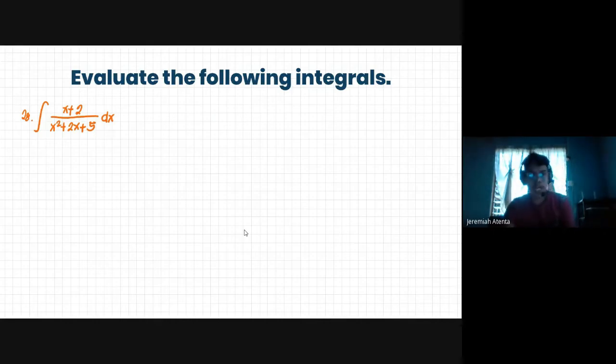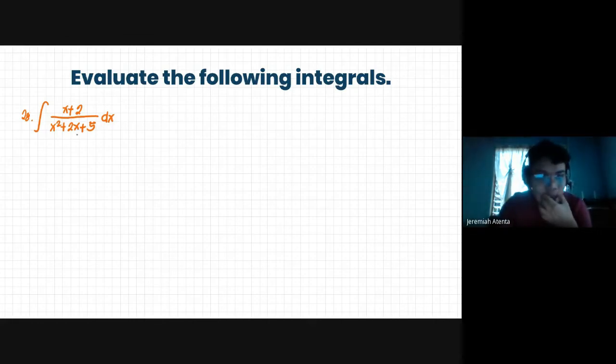Okay. Number 28. Ito medyo tricky, pero carry naman. So in this case, parang the same siya kanina sa number 26. We need to formulate an expression na dapat perfect square plus a perfect square na number, right?